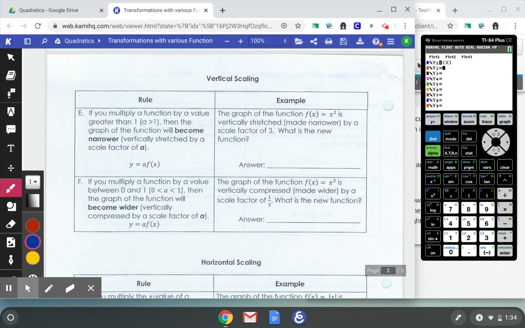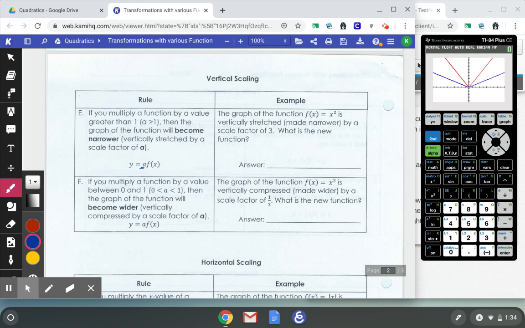This is saying if my a value, what I'm multiplying my function by, is greater than 1, the graph will become narrow. So let's put in a number that's greater than 1. Let's do 3 times the absolute value of x. Let's see what happens. So I graph it, and notice how it gets skinnier.